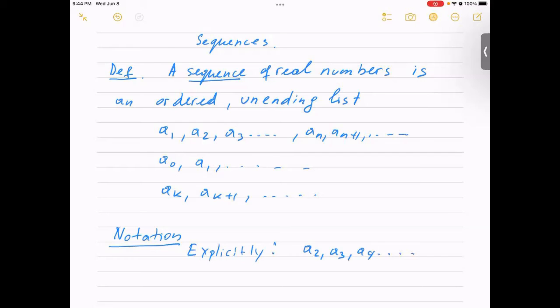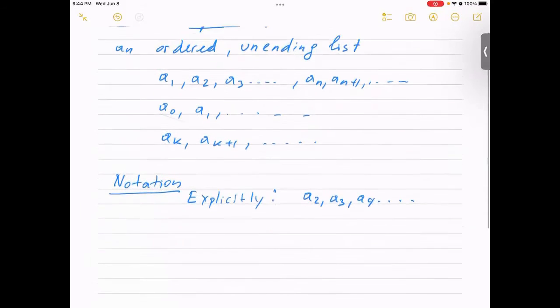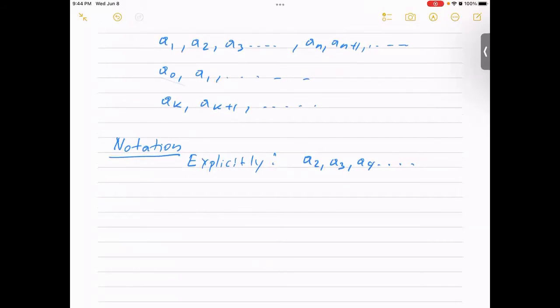But again, we don't have to start at A2, we can start something else. We can write the same sequence using the notation, something like that, and start to go to plus infinity. Or sometimes we'll just write an and we'll say n, in our case, greater or equal than 2.